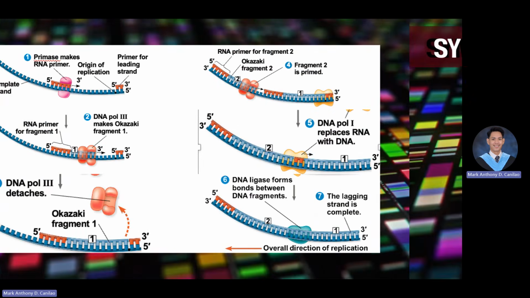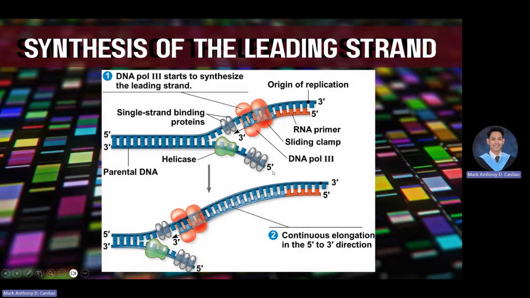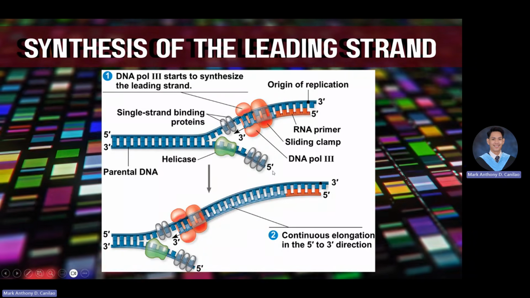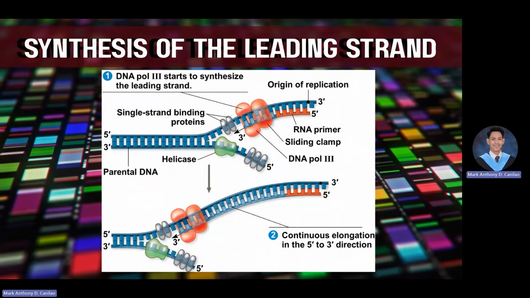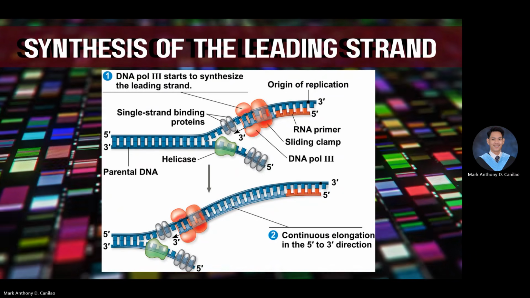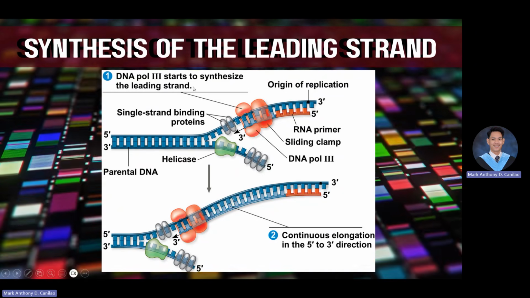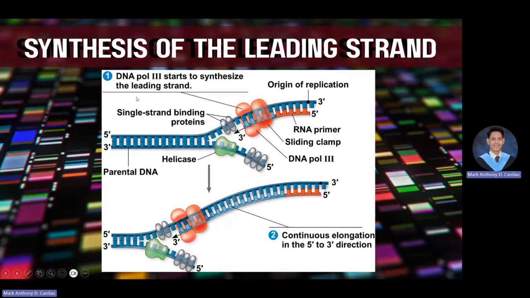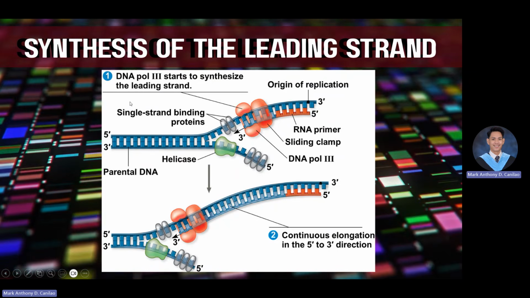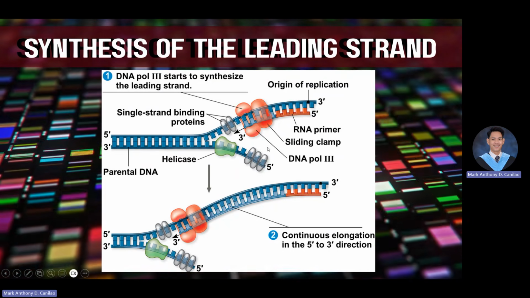On the other hand, the leading strand is very simple. We only need the RNA primer that is manufactured by primase, and also DNA polymerase 3. In our first example, DNA polymerase 3 starts to synthesize the leading strand. And then what happens after?